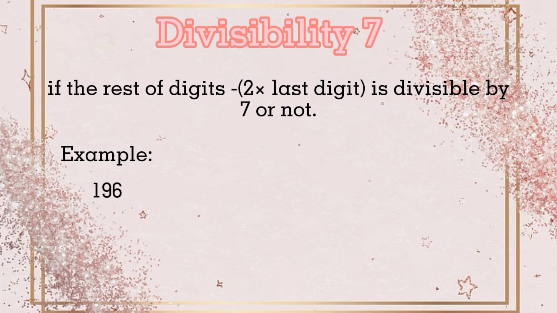Here, the last digit is 6 and the rest of the digits form 19. So it will look like 19 minus the quantity of 2 times 6, which is equal to 7. Now, is 7 divisible by 7? Yes. Therefore, 196 is divisible by 7.